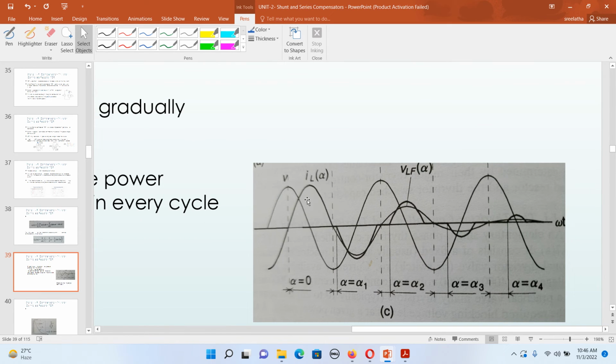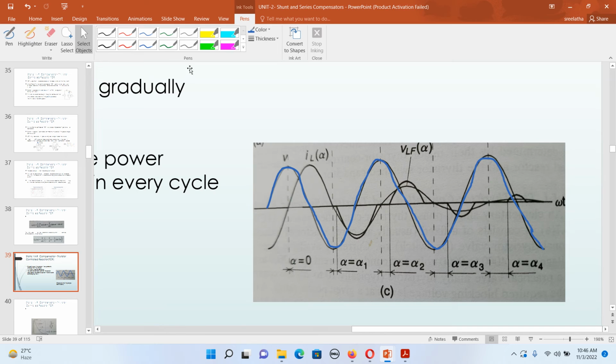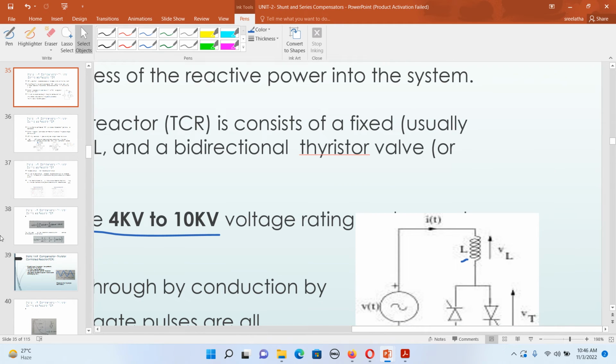So you see, this is our V. Okay, this is nothing but this V. Now what happened? This is our current, like this I_L, this current.